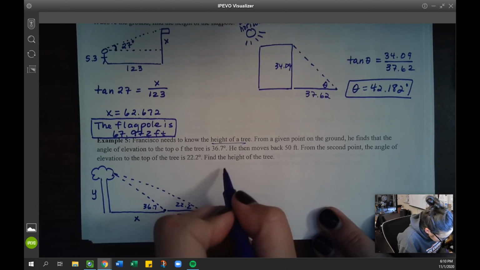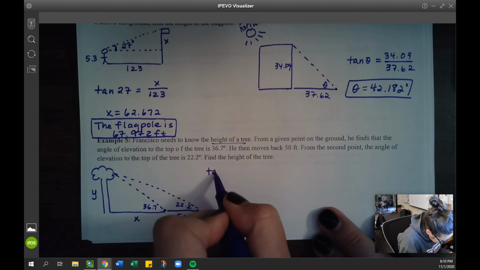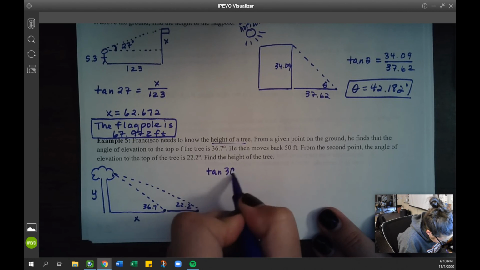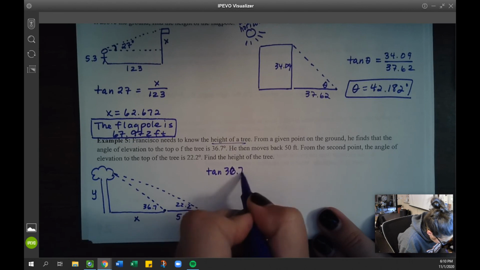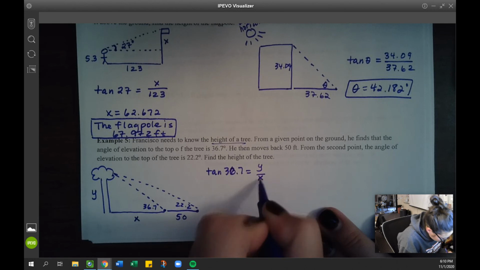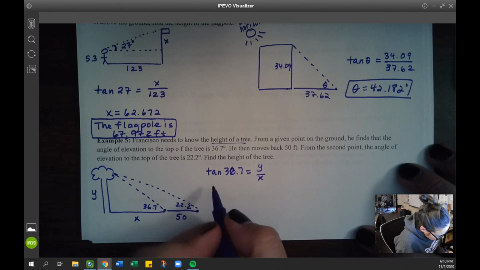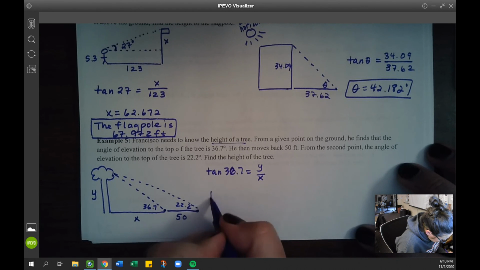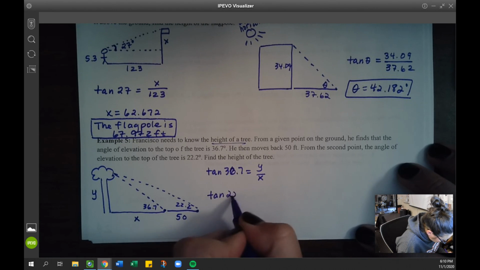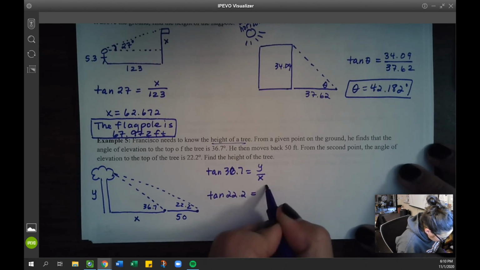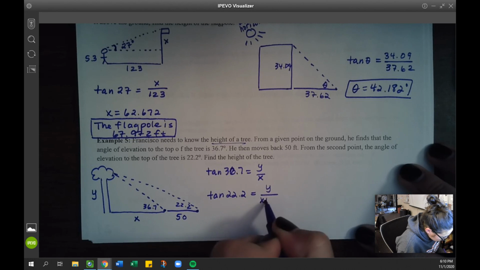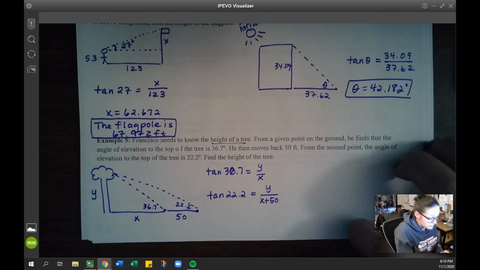So what I know is that tangent of 36.7 equals y over x. And then the other thing is that tangent of 22.2 equals y over x plus 50.